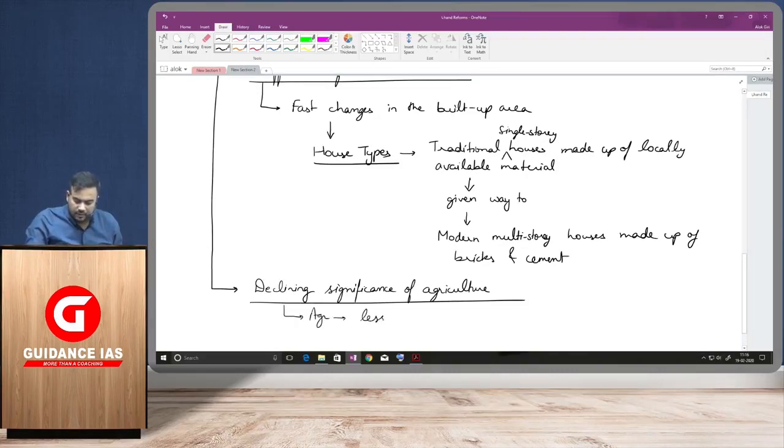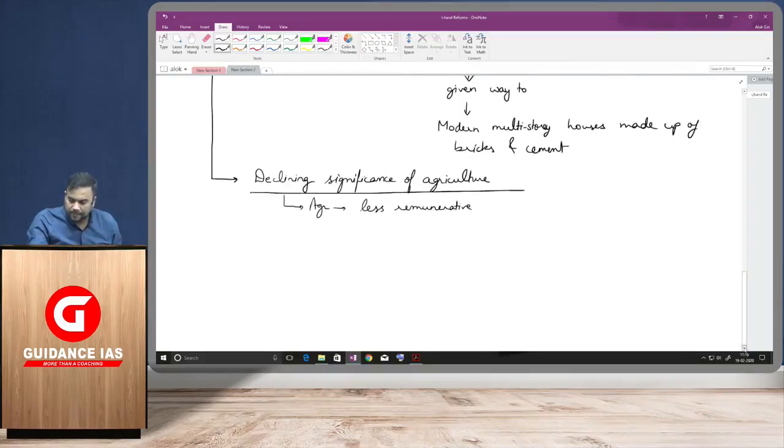So what we find is that as a result of this, people of the Khas Gaon have begun to out-migrate towards cities.